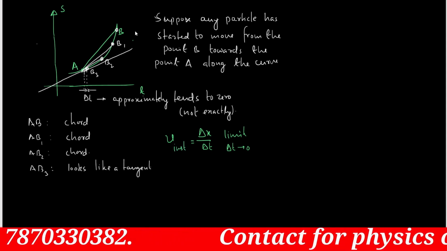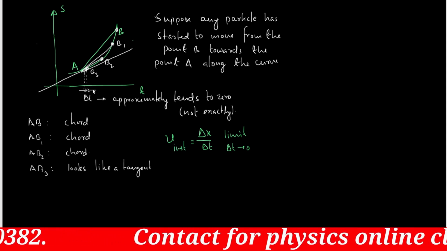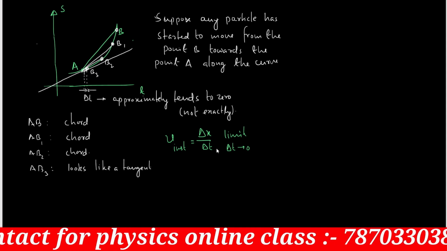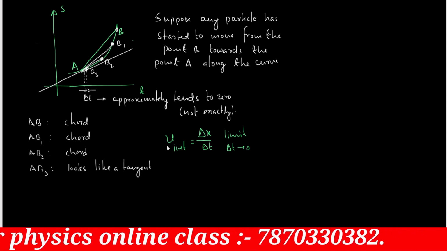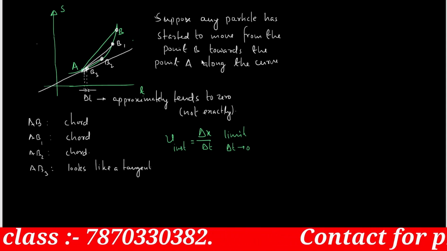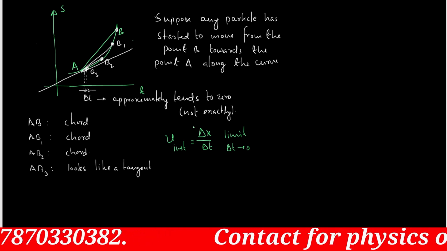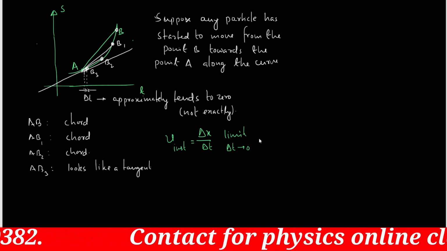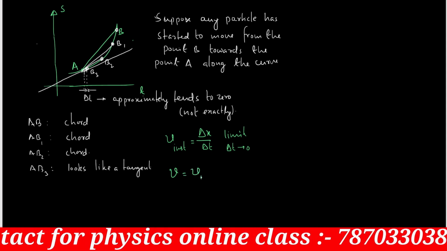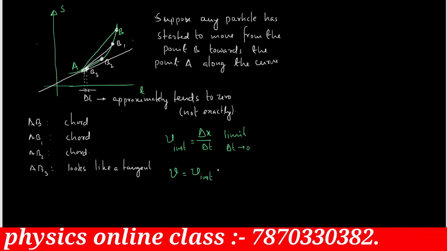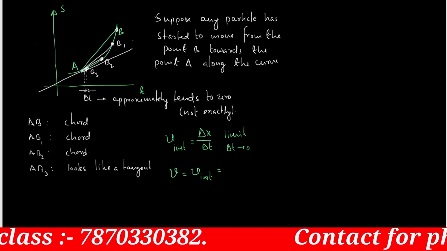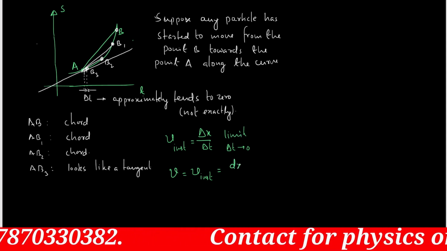That means at a particular moment, the velocity of this particle is this, right? Velocity of this particle at a particular moment, at this point. So V instantaneous equals the limit as delta t tends to zero of delta x upon delta t, and this quantity is called dx by dt.